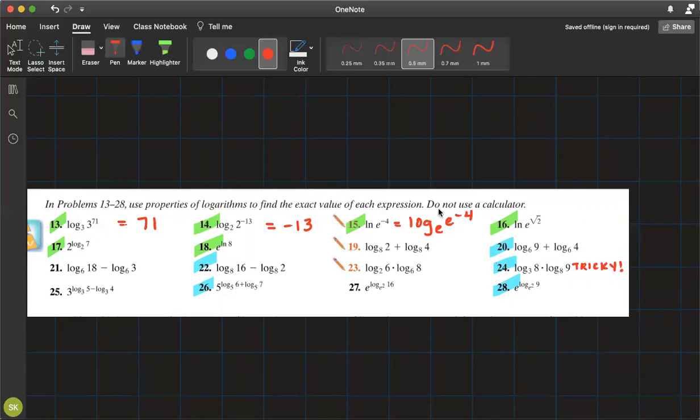It's negative 4. How about this one? We have log base e of square root of 2. So these cancel out and I'm just left with square root 2.